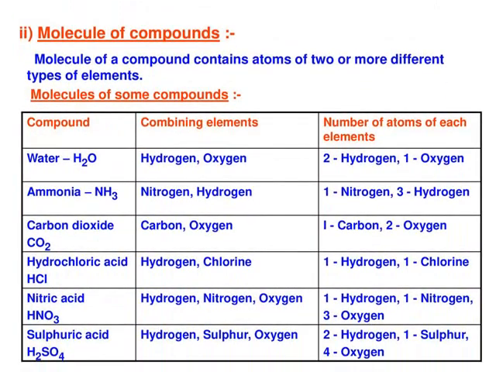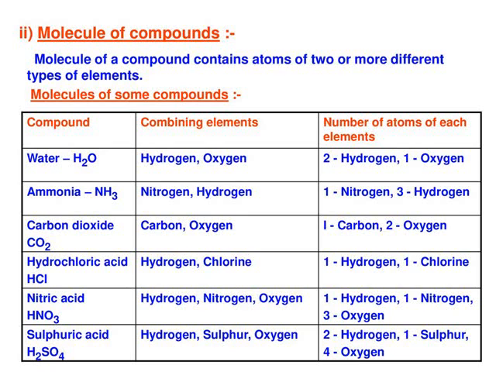So this slide gives the molecules of the compounds. See the examples in the slide. Water H2O, ammonia NH3, carbon dioxide CO2, hydrochloric acid HCl, nitric acid HNO3, sulfuric acid H2SO4. So when you take water, what are the combining elements? It has H2O, H for hydrogen, O for oxygen.